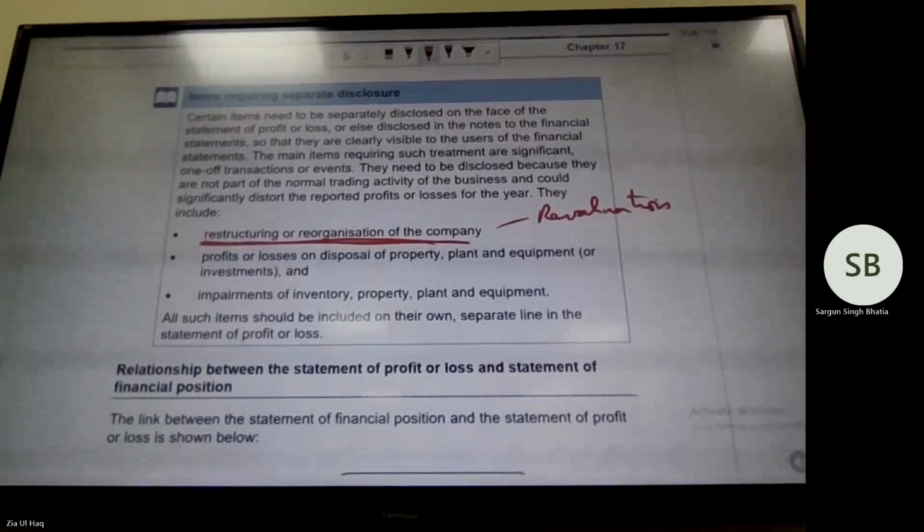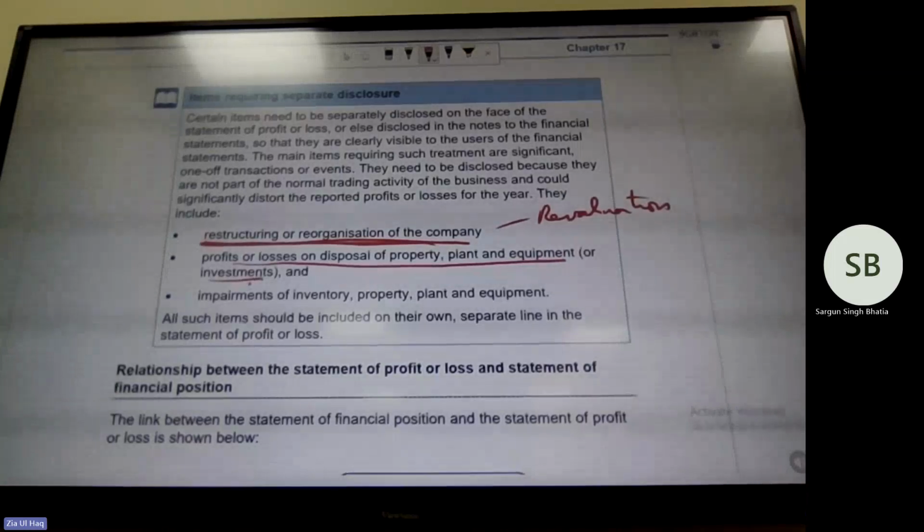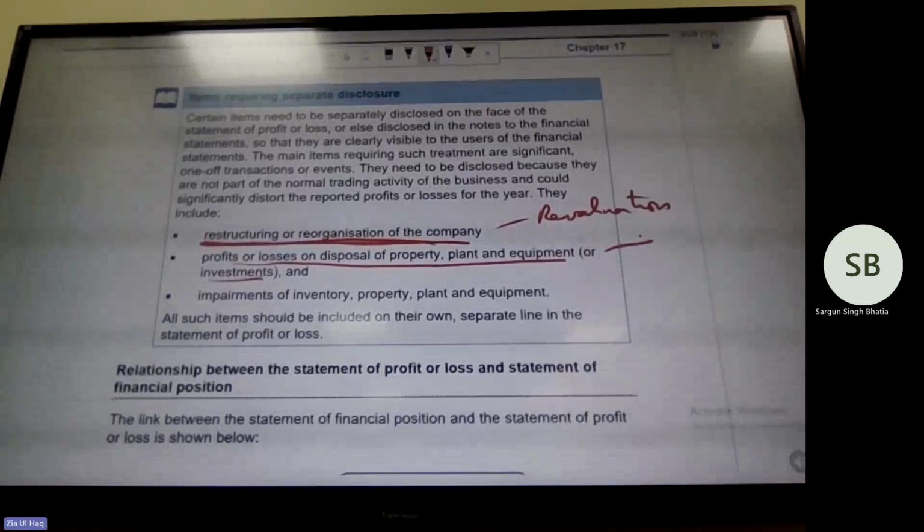Profit or loss on disposal of property, plant and equipment: if we have disposed of, meaning sold, any asset during the year, the gain or loss on that disposal we have to disclose separately, even in the income statement.